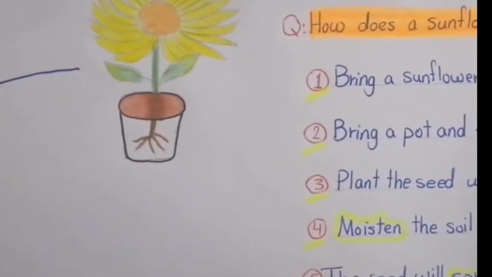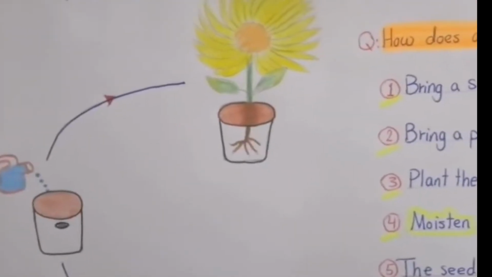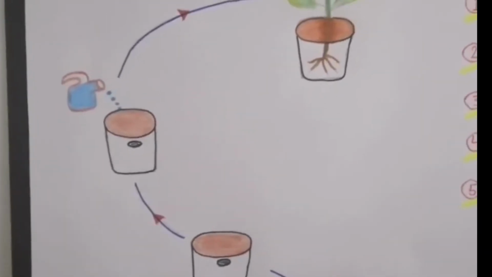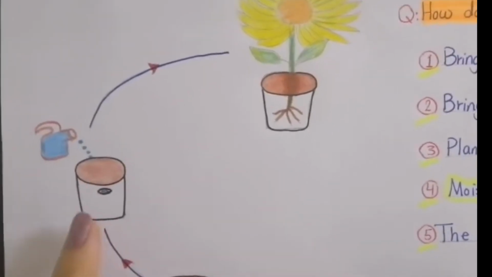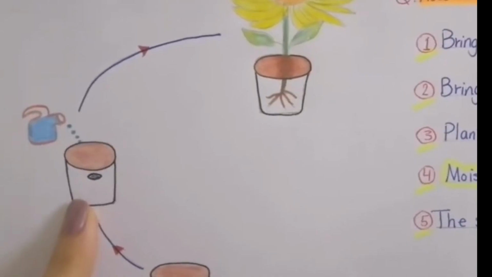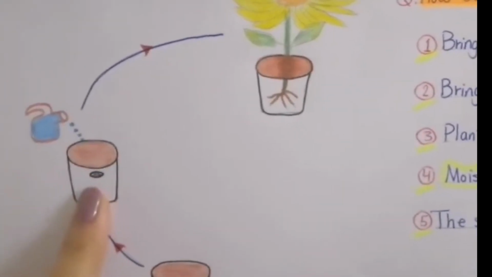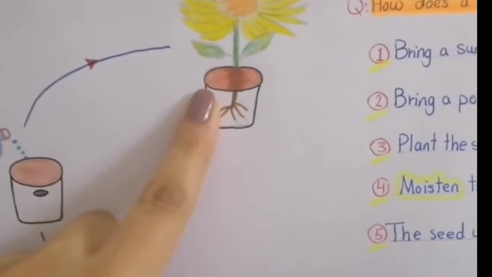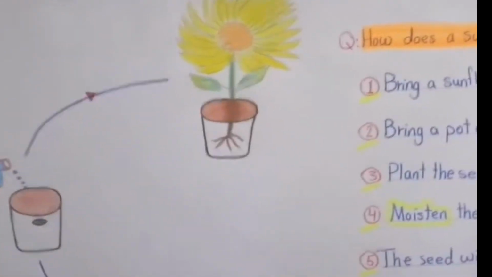It means to start to grow. So first we will bring the seed, and secondly we put the soil in the pot and plant the seed into the soil. Next we will moisten it, or water it. Later the seed will sprout, or grow into a plant.